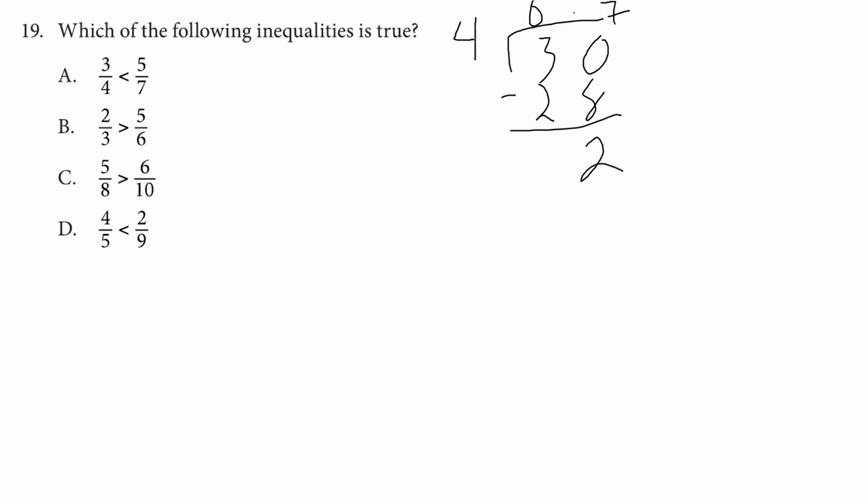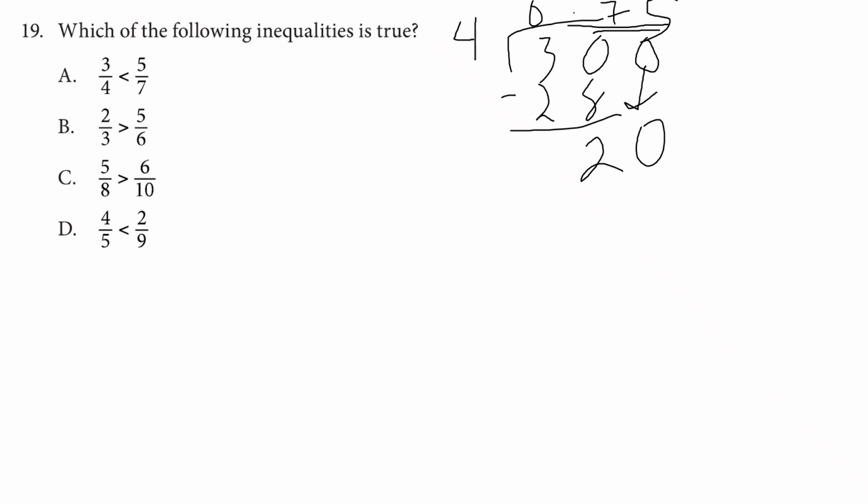Anytime you get a number with a decimal, you want to get at least 2 numbers after the decimal. So we have 0.7, but we want another number after that. 4 can't go into 2, so we add another 0. Bring that 0 down. 4 goes into 20 5 times. So 3 over 4 is equal to 0.75.